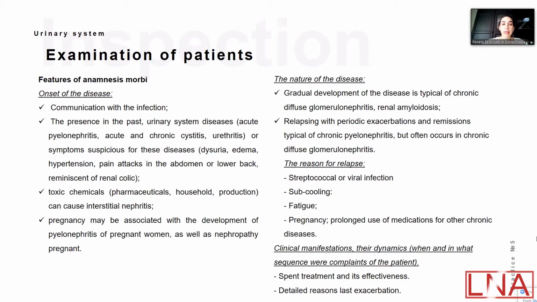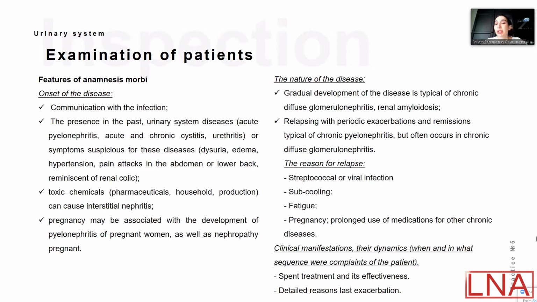Pregnancy can be associated with the development of pyelonephritis in pregnant women, as well as nephropathy of pregnancy. We need to pay attention to the nature of this disease: gradual development of the disease is typical for chronic diffuse glomerulonephritis or renal amyloidosis.